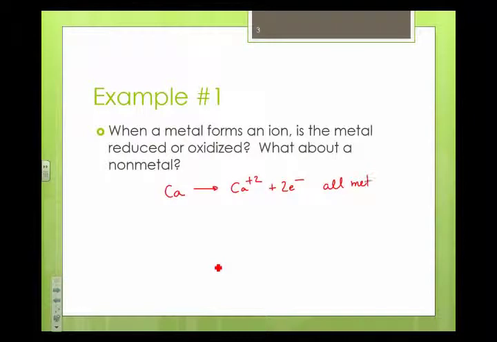All metals lose electrons when they form ions. And so that means that all metals, when they form ions, are oxidized. All metals are oxidized when they form ions.